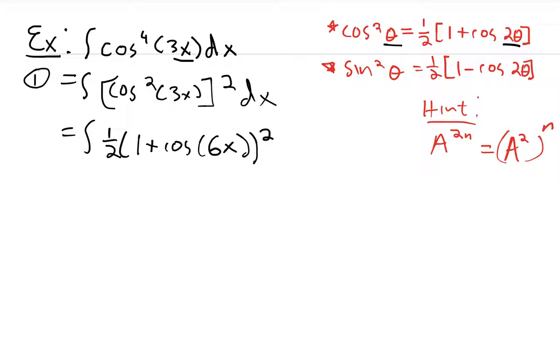And I guess if I'm being really, really careful, that whole thing needed to be squared. So, cosine squared term, I have to square that entire thing.